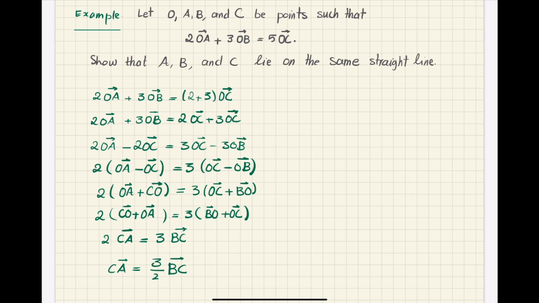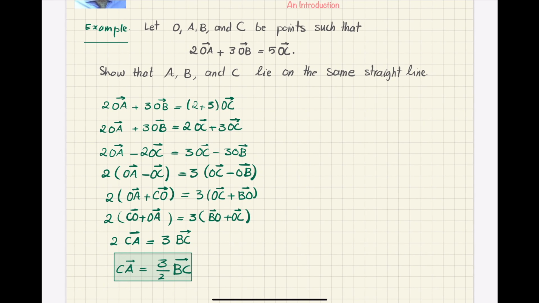Let me make it more right. Okay, but then I am claiming, I want to ask you why. The problem finishes here with just one sentence of argument. Why is that? What was the goal? The goal was to show A, B, and C lie on the same straight line.